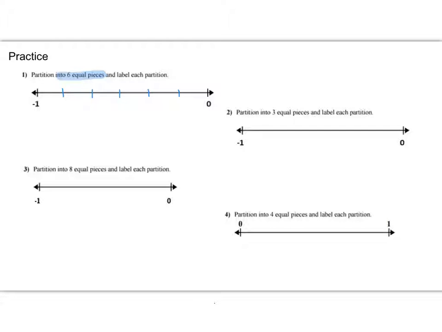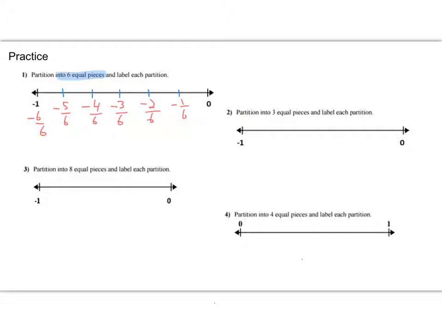So starting at 0, to the left I have -1/6, and then -2/6, and then -3/6, -4/6, -5/6, and you could call the last one -6/6 if you want, which is the same as -1.